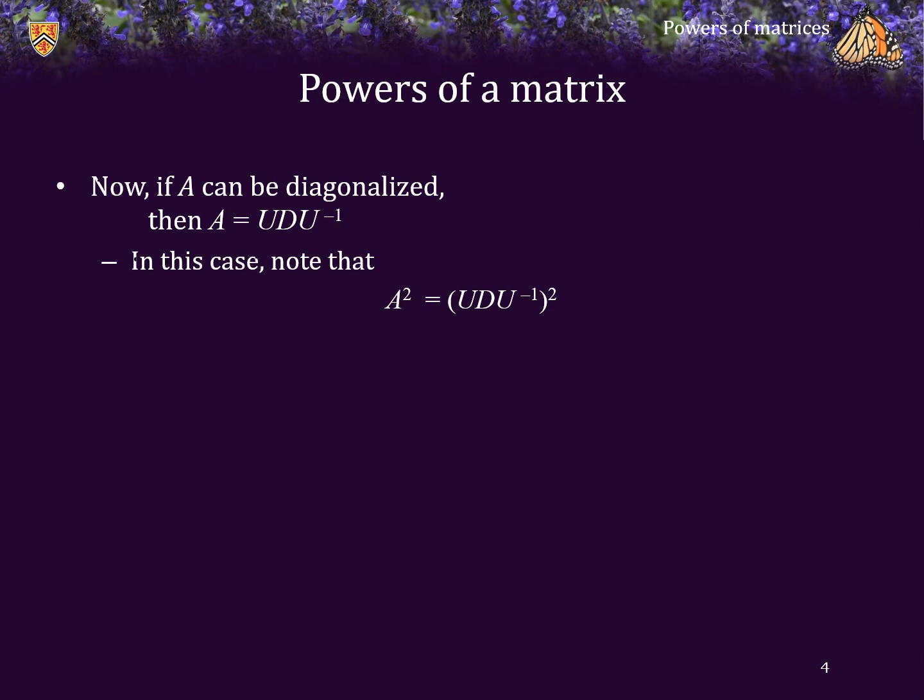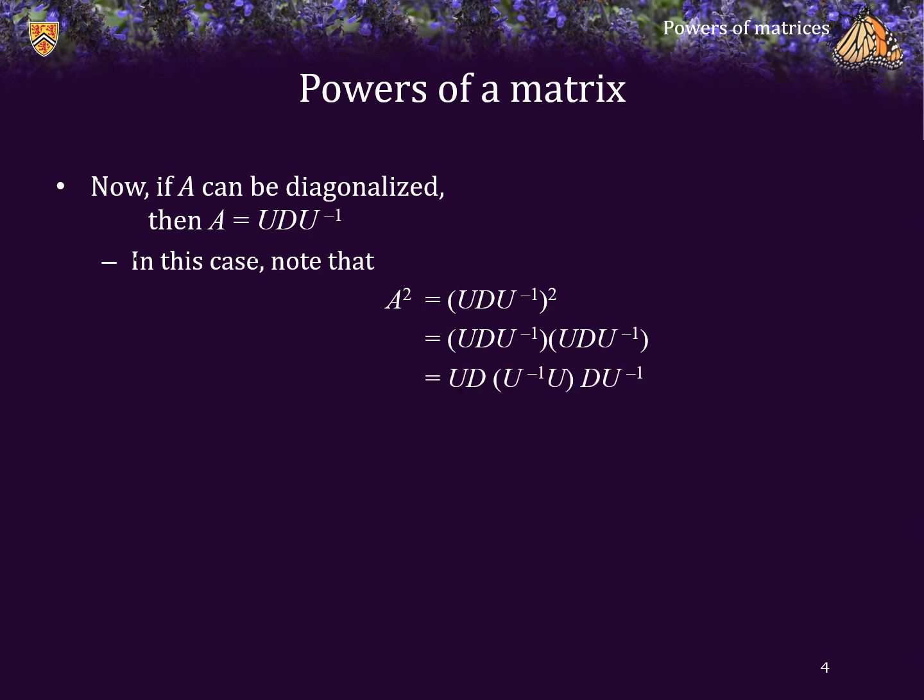So in this case, we note that if we calculate A squared, well, that's just the square of that product. But that's just multiplying those three matrices by themselves.